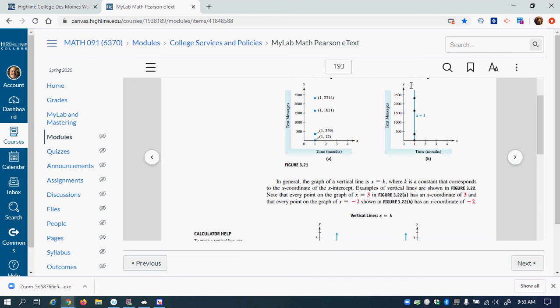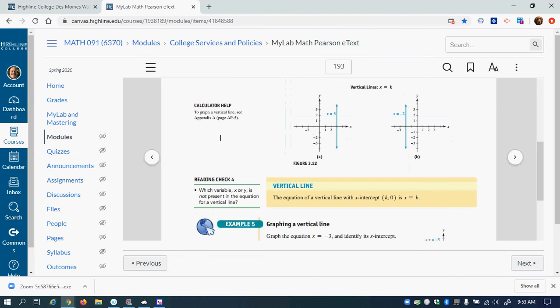So this is a vertical line. And so that means my equation is x equal to 1 because it's always staying at 1. And then we could have any number of different text messages for that month. And so that's why it's a vertical line. So here are some other examples of vertical lines that are x equal to 3.